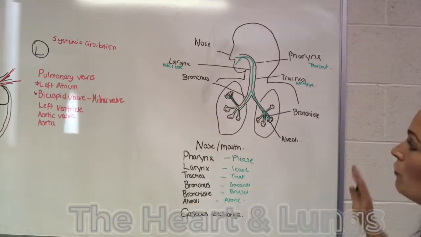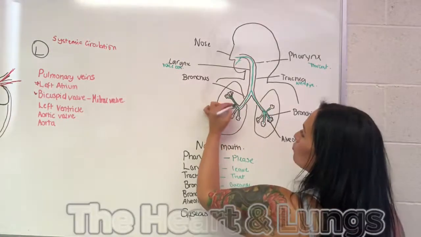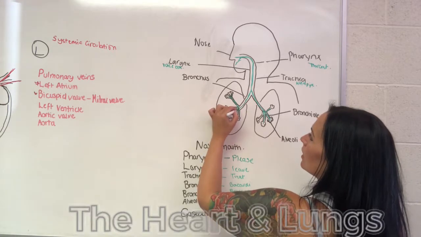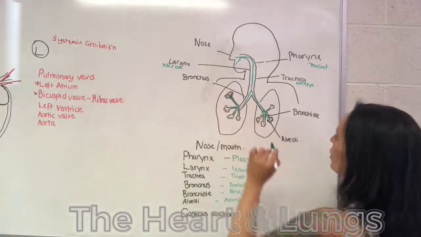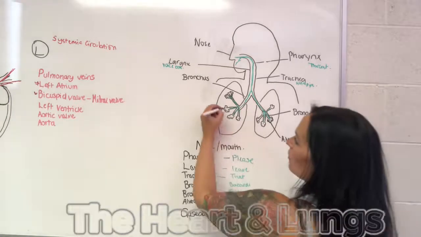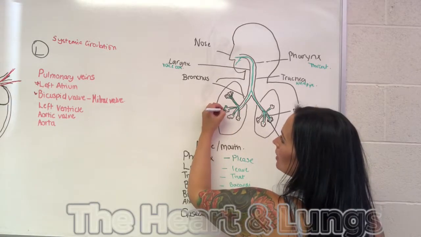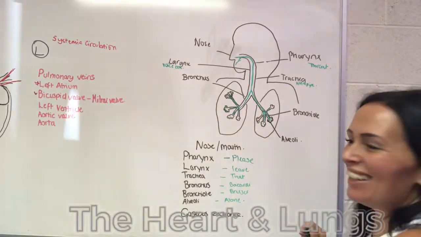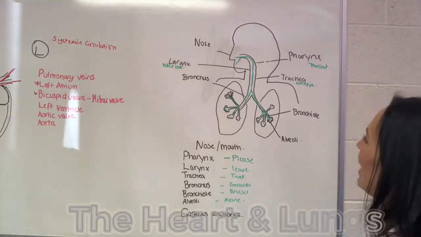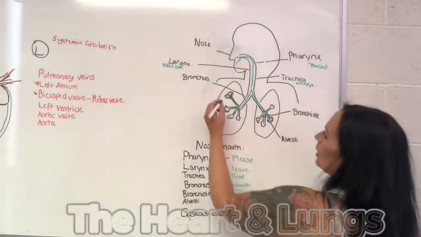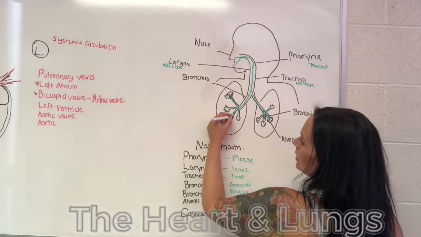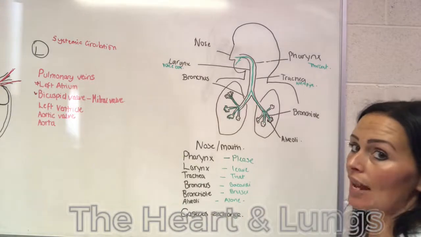It then branches further off into bronchioles, which are these here. Okay, and then at the end of these bronchioles, these air-filled sacs here called alveoli. I think they look a bit like cauliflowers. That's how I remember them. But yeah, these little buds, or alveoli, at the end, this is where gaseous exchange then takes place.